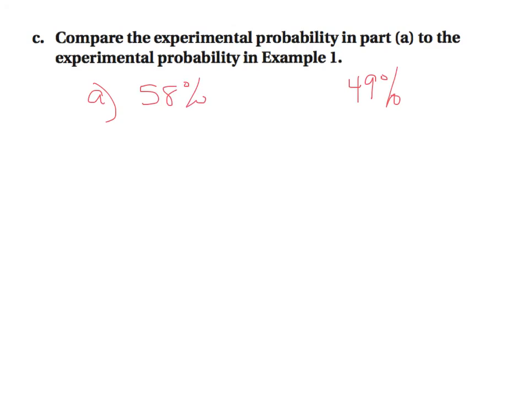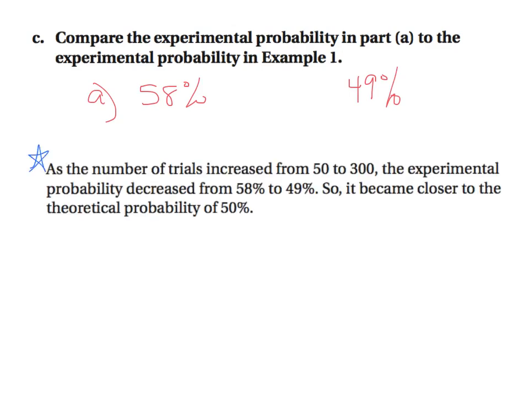As the number of trials increased, the experimental probability decreased. So it became closer to the theoretical probability of 50%. And here's our answer. As the number of trials increased from 50 to 300, the experimental probability decreased from 58% to 49%. So it did become closer to the theoretical probability of 50%.